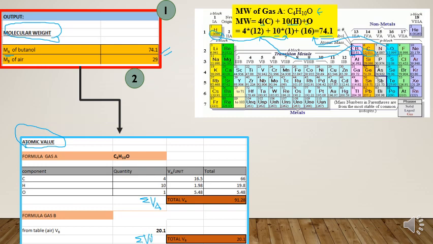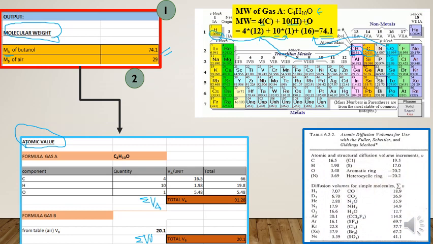For atomic volume, we need to refer to table 6.22 in order to get each atomic volume. For example, gas A with the formula C4H10O consists of 4 C, 10 hydrogen and 1 oxygen. The value for each atomic volume is obtained from the table here.